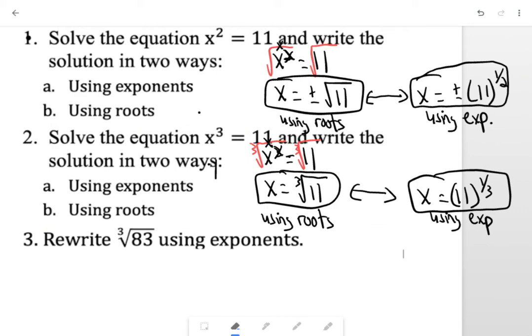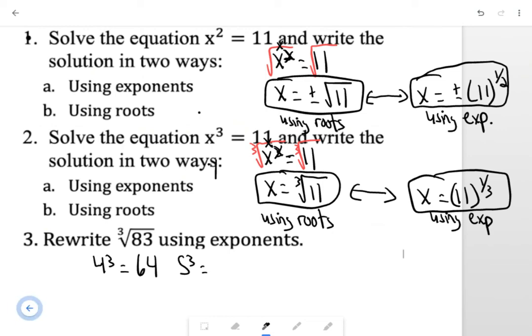Okay, so if I know, for example, that 4 cubed is, let's see, 4 times 4 is 16. 16 times 4 is 64. And I know that 5 cubed, let's see, 5 times 5 is 25.